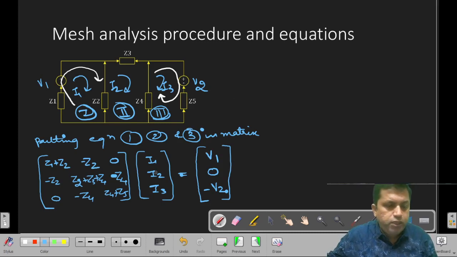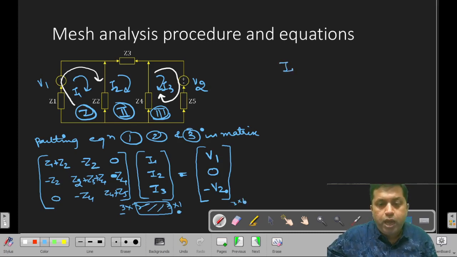From this, the size of this is 3 by 3, size of this is 3 by 1. So if I multiply this, naturally this will be cancelled, so remaining size is 3 by 1. Okay, so here I1, I2 and I3 are unknowns.